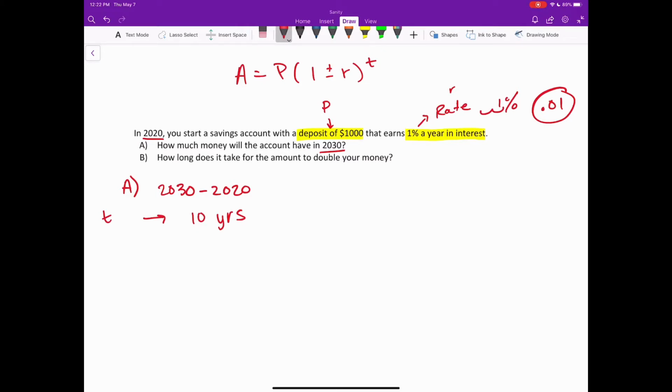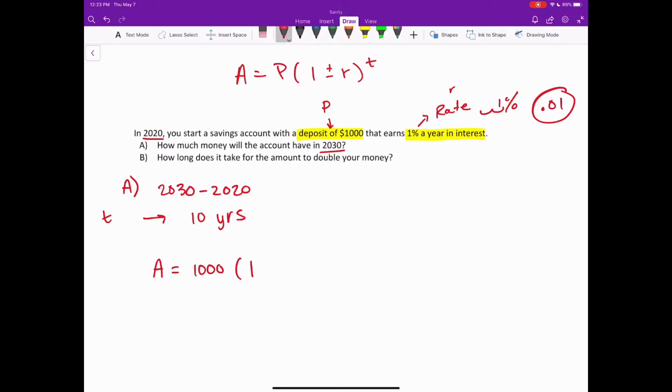Now I'm going to set up my exponential equation here and say, we're trying to find out how much money the account will have after a certain amount of years, so I don't know my A value. So I'm just going to say A equals 1,000 times 1, what do I use, plus or minus r? Well, I'm gaining interest.